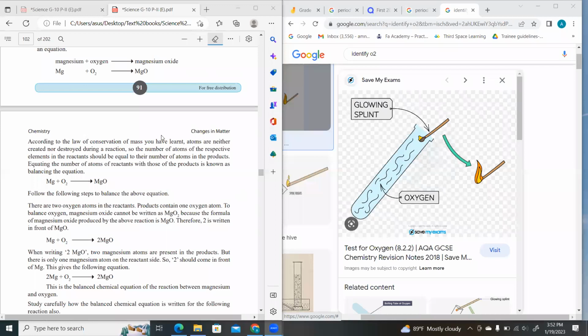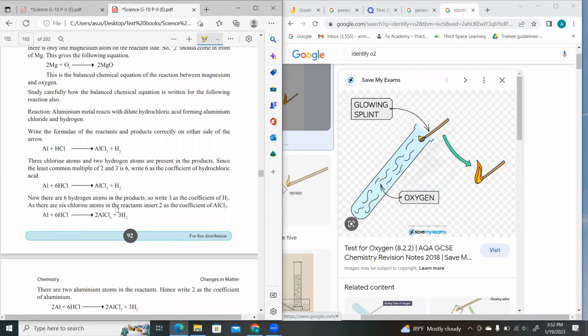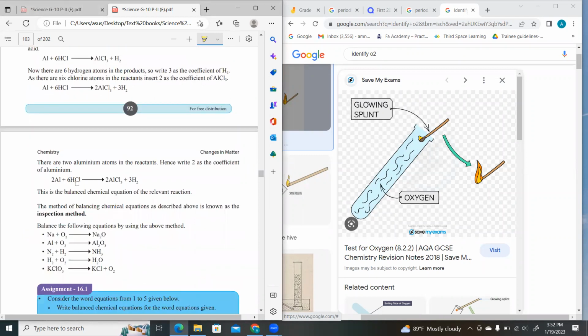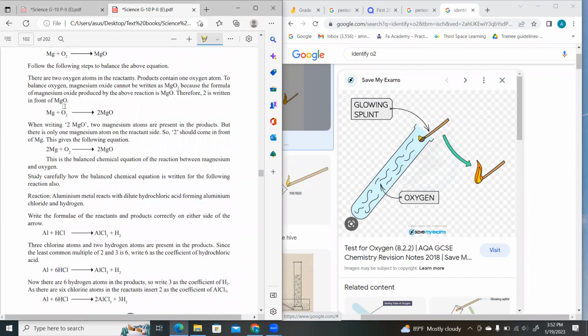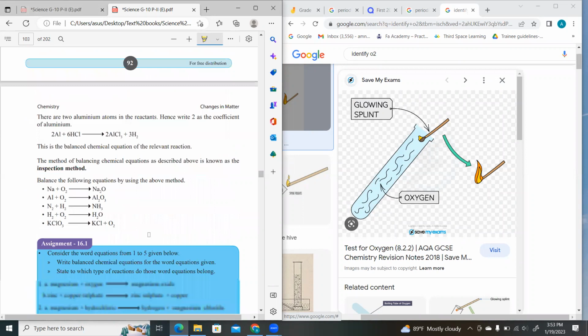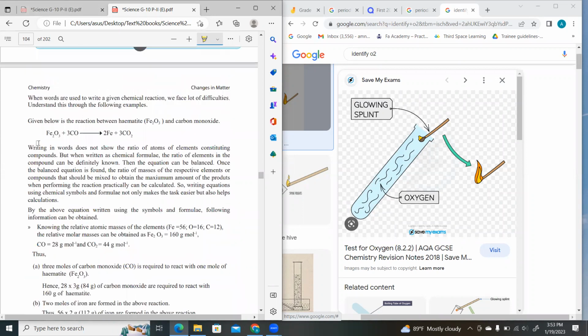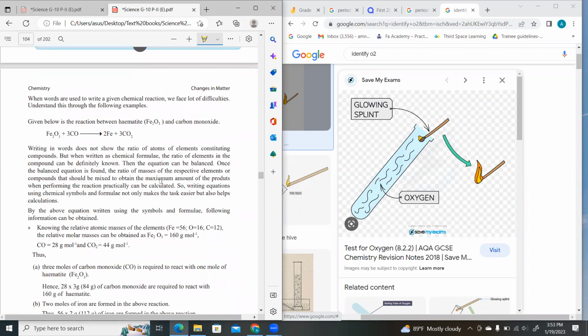How does magnesium react with oxygen? Then aluminium with HCl. So a metal with an acid. Magnesium reacts with oxygen means a metal with oxygen. How does it react? Okay, they are showing you several reactions. Then a metal oxide with carbon monoxide. How does it react?